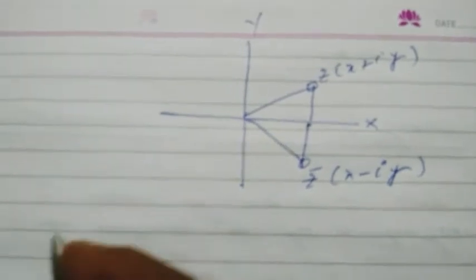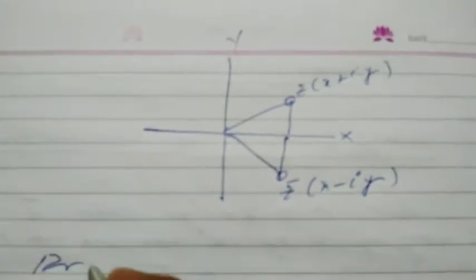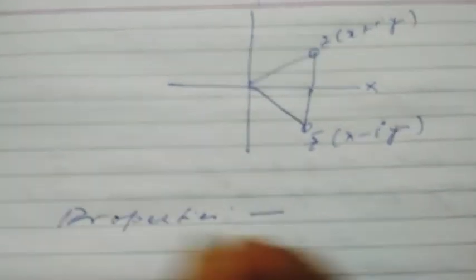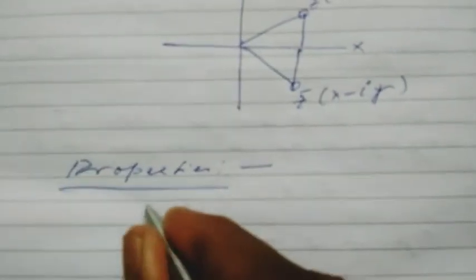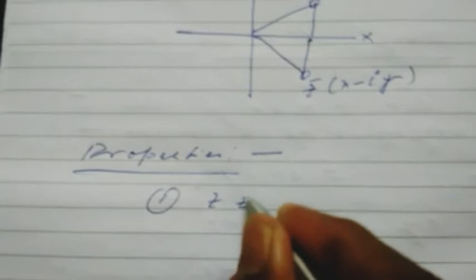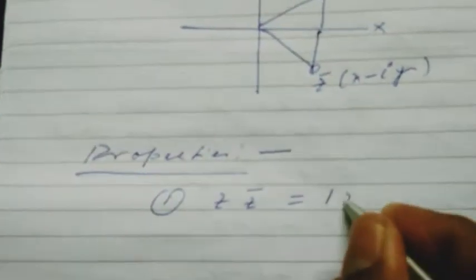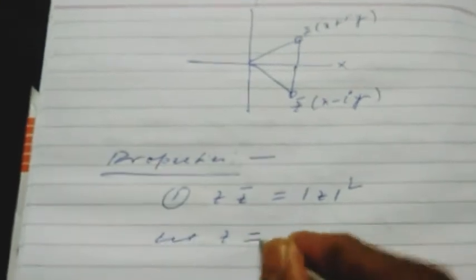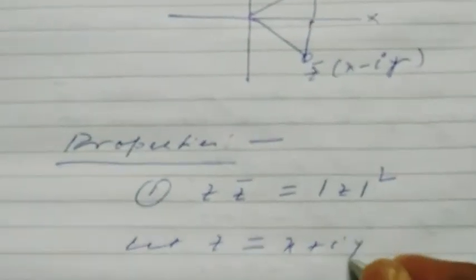What are the properties? Is there any property for that? Yes, properties for the conjugate of a complex number. First, z times z conjugate will be mod of z whole square. How is it? Let z is equal to x plus iy, then z conjugate, as we are already aware, is x minus iy.